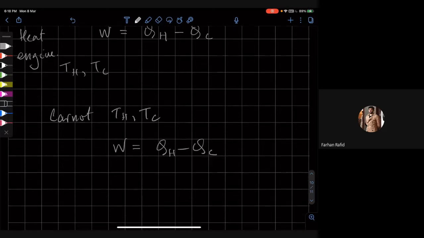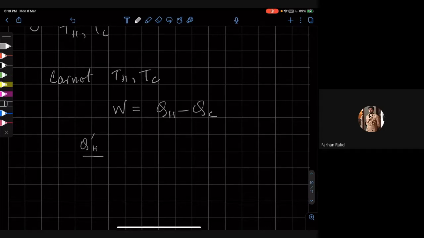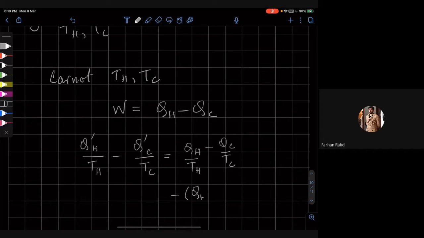Now what we can show is that given these two engines, the quantity of interest, which is the heat over the temperature, for the irreversible engine can be written as QH by TH minus QC by TC, minus (QH prime minus QH) times (1 over TH minus 1 over TC).